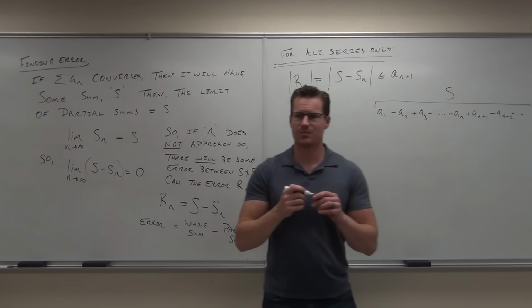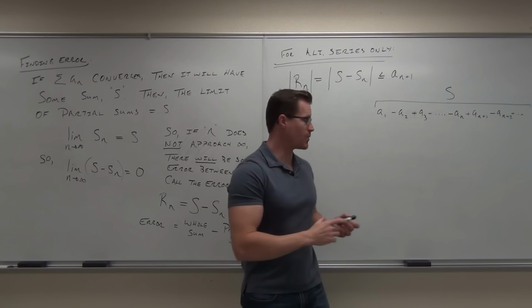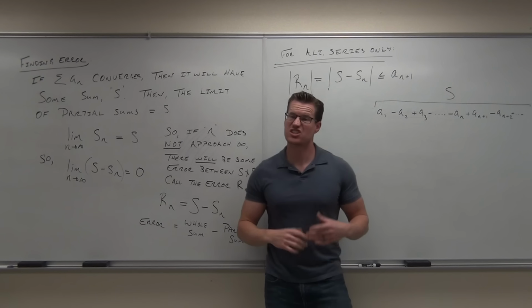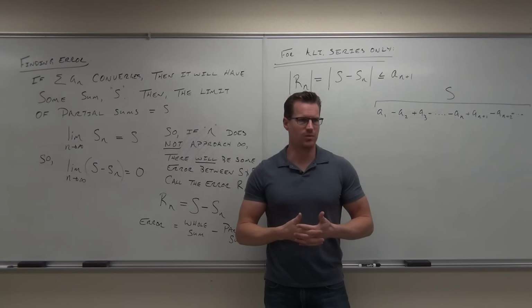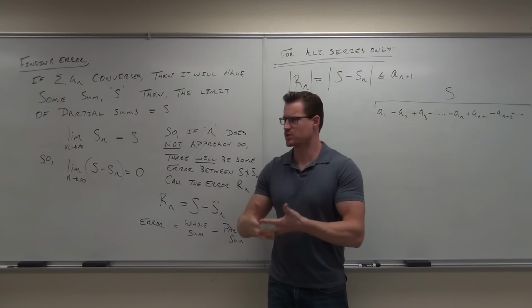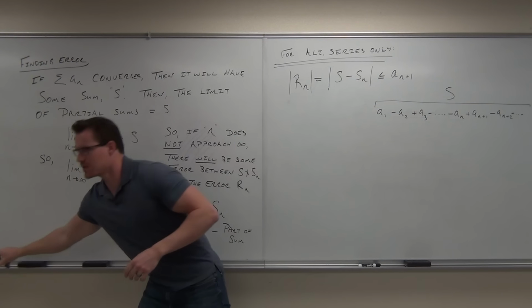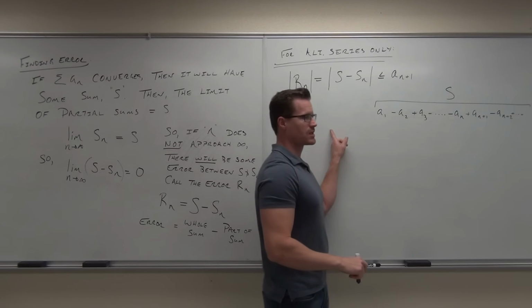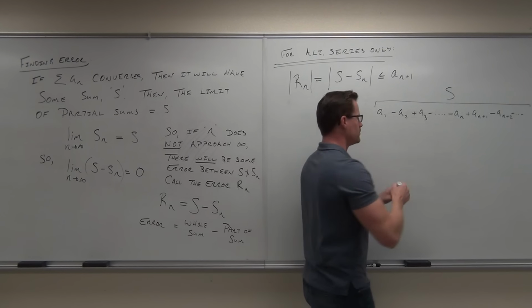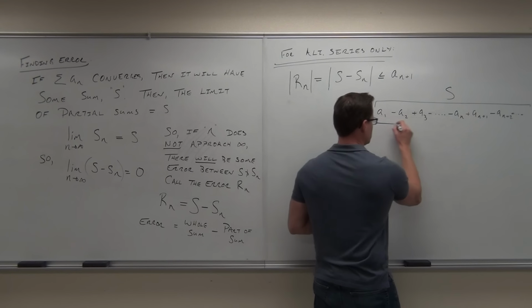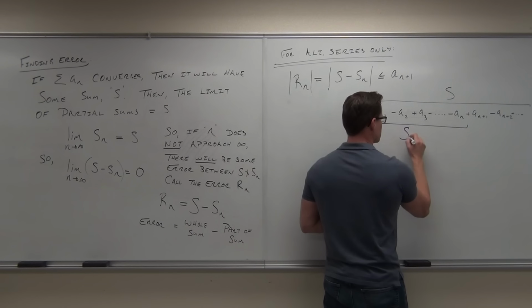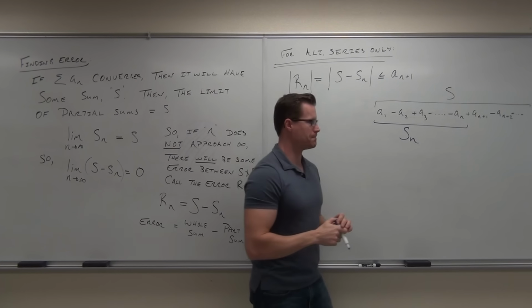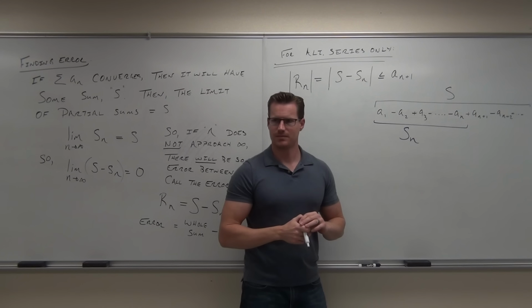Can you find S sub n somewhere in that series? Yeah. You have to be, right? Because S sub n is a partial sum. It's part of that sum. So it's got to be in there somewhere. Where does S sub n stop? At a sub n. That's S sub n. Does that make sense?